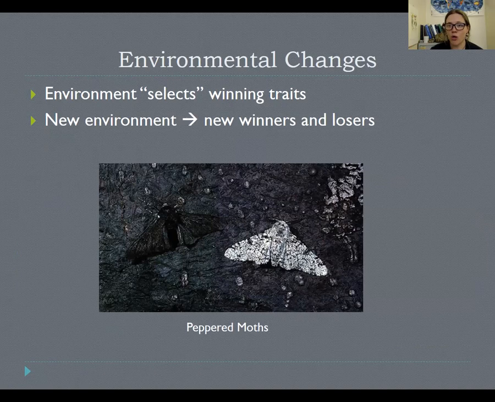But if you are an organism that's having many rapid generations every year, you can make adaptations more quickly. So a lot of the research on natural selection is done with these rapidly turning over insects, like fruit flies or, in this case, peppered moths. The new environment changed which traits were successful, changed who were the winners and losers, or changed what nature was selecting in this particular environment.